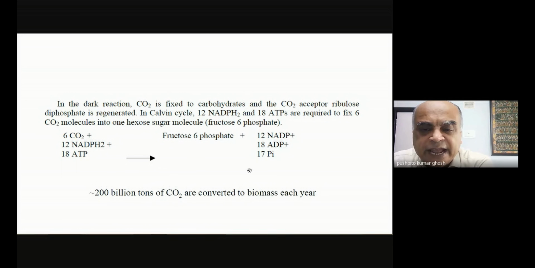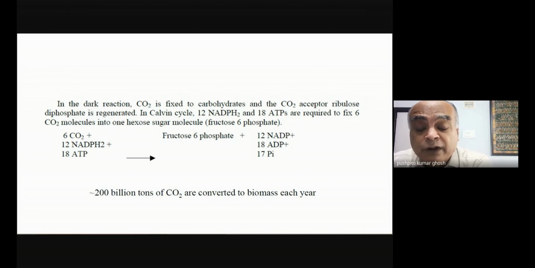These will again find their way into the light harvesting region and get regenerated back into NADPH and ATP, and the entire process continues.